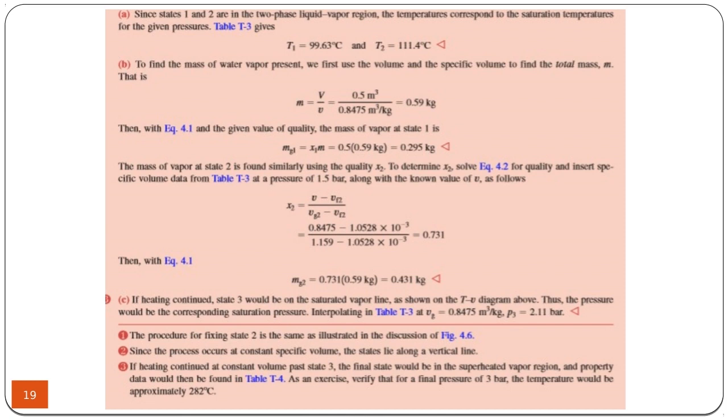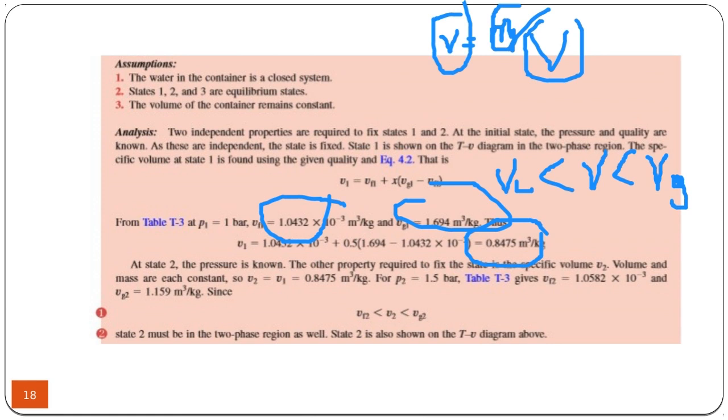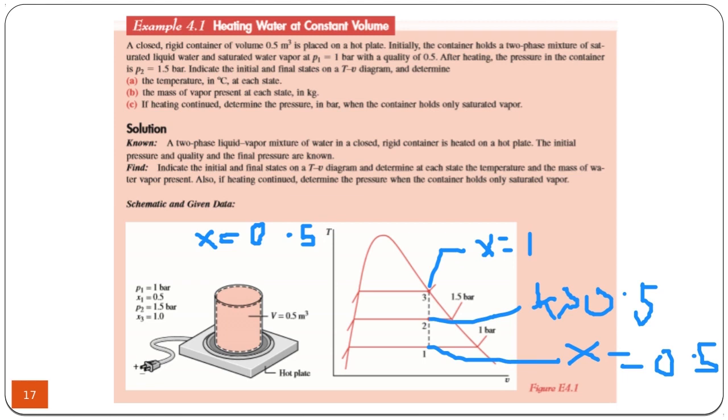For the case of state 3, you have saturated vapor, but this saturated vapor has the same specific volume as state 2 and state 1. So you will use the same specific volume here, but as the specific volume of the saturated vapor, because in this state it becomes saturated vapor.